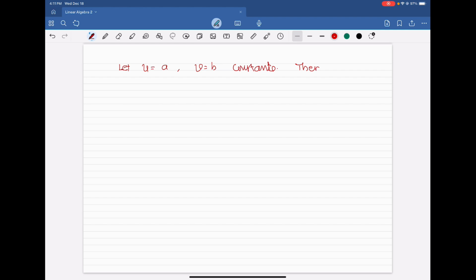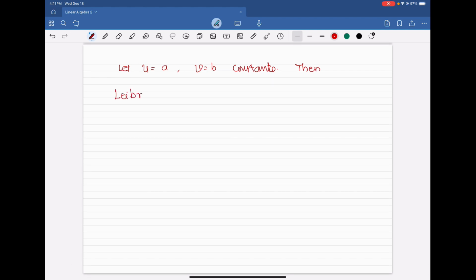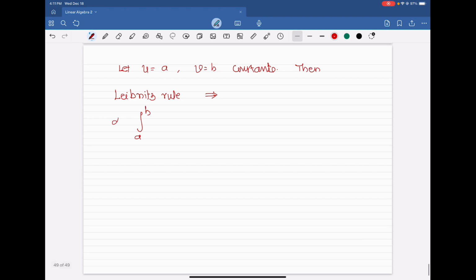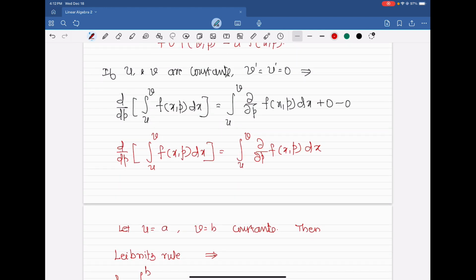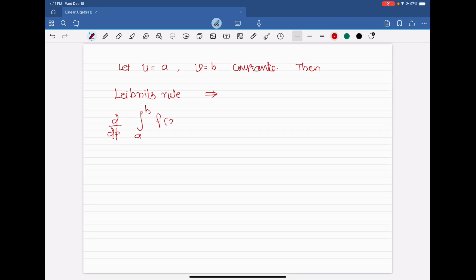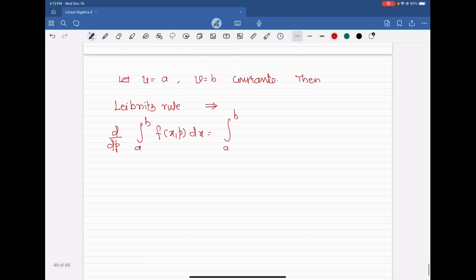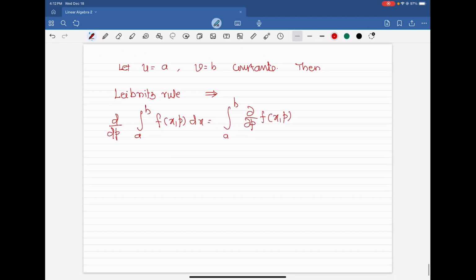Then the Leibniz rule will be d by dp of integral from a to b function xp dx is equal to integral a to b dou by dou p of function xp into dx.